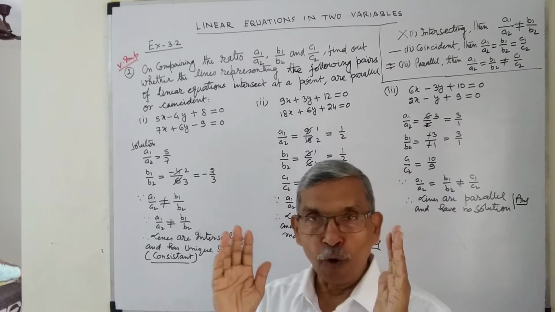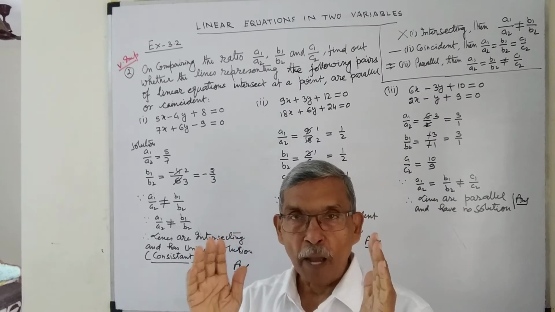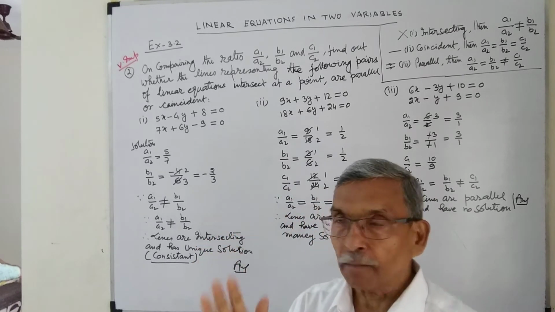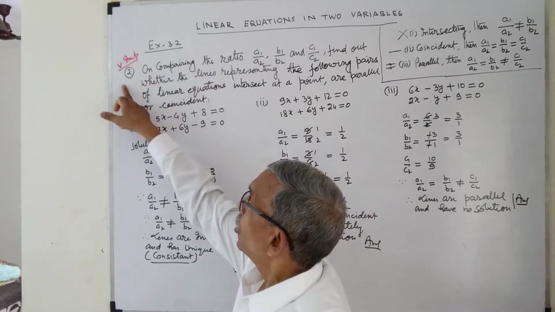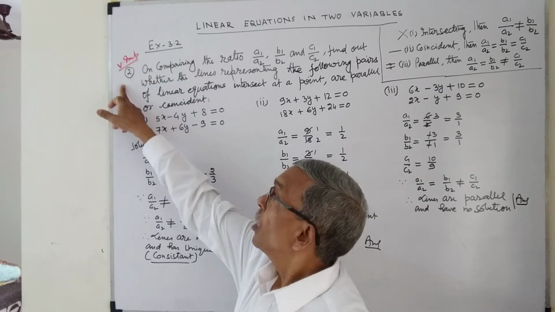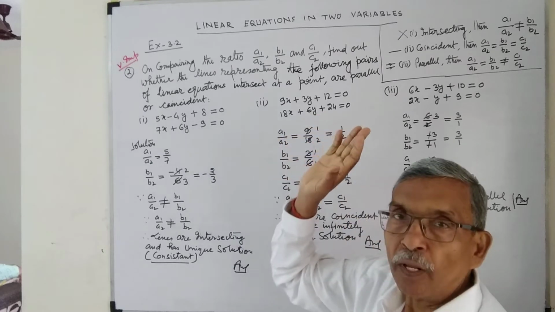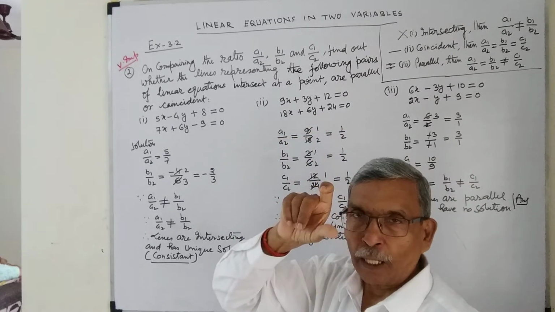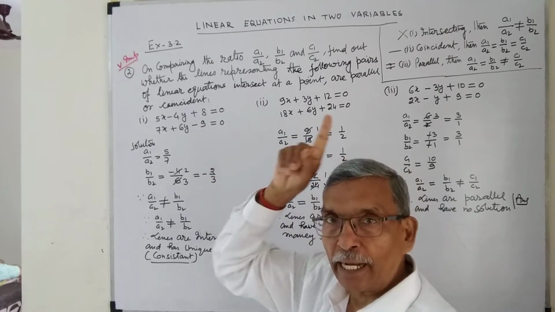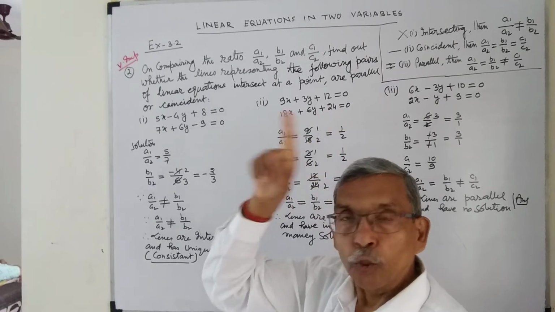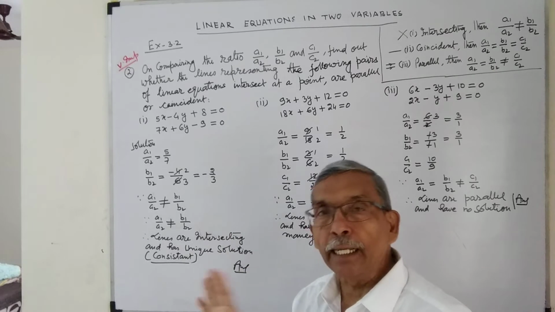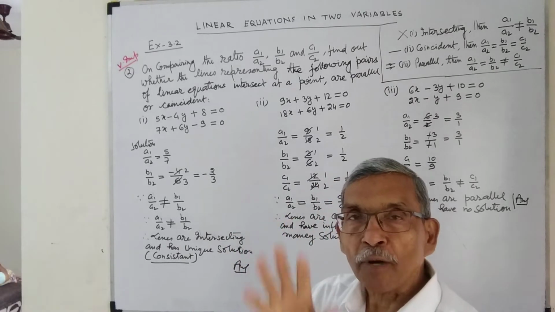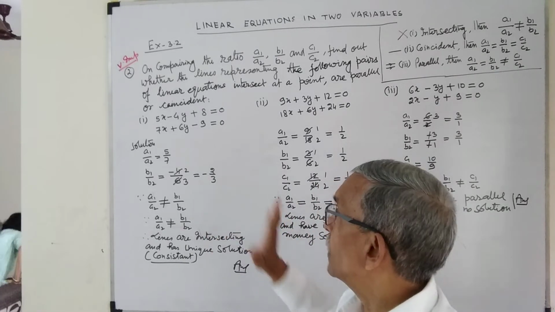I hope you agree with my planning. Now, exercise 3.2, sum number 2, is a very important sum, and a few sums in exercise 3.5 are based on this formula. Once we discuss this, you can solve it easily, and one sum comes in the exam based on this.